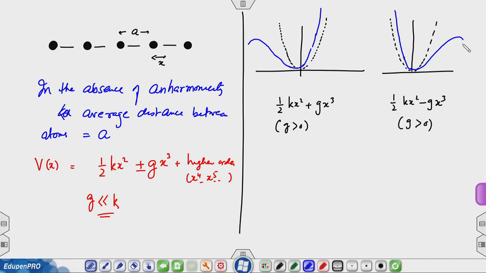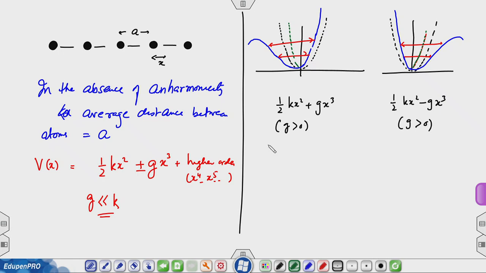So, as you raise the temperature here, this is what is going to happen. And on the right hand side, this is what is going to happen. What you notice is that the average distance between the atoms is increasing in the second case. Let me make it with a different color. This is green, shows the average distance, and here it is decreasing.